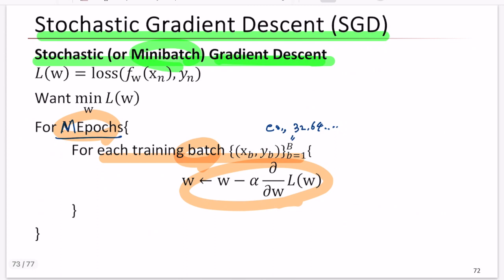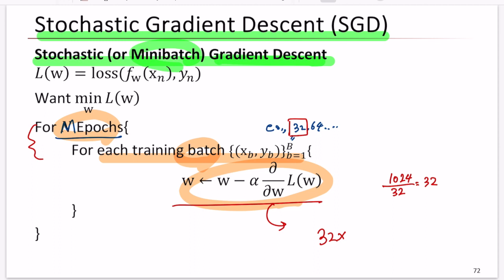But when you consider 32 samples in the batch, the number of batches is 1024 over 32, which is 32 again. Then, because there are two for loops, your update rule is repeated 32 times M. M is equal to 500, so it's 500 times 32. It means that you update parameters 32 times more compared to the original gradient descent algorithm. So this is stochastic gradient descent.